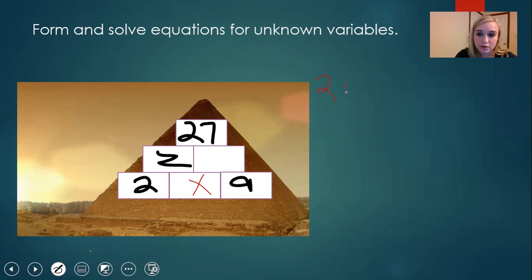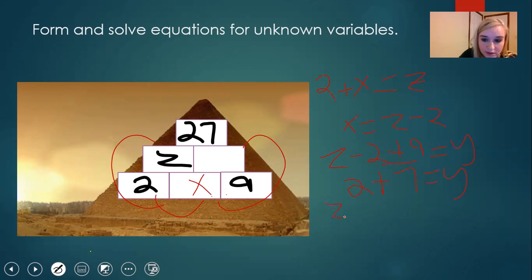So 2 plus x equals z. So 2 plus x is going to equal this, remember? The bottom two are going to equal the middle ones. So now we do x equals z minus 2. Z minus 2 plus 9 equals y. 2 plus 7, that would be equal to y.